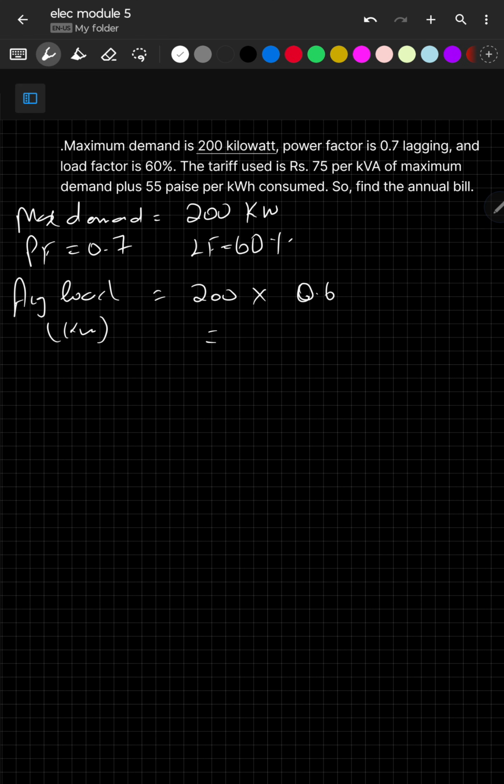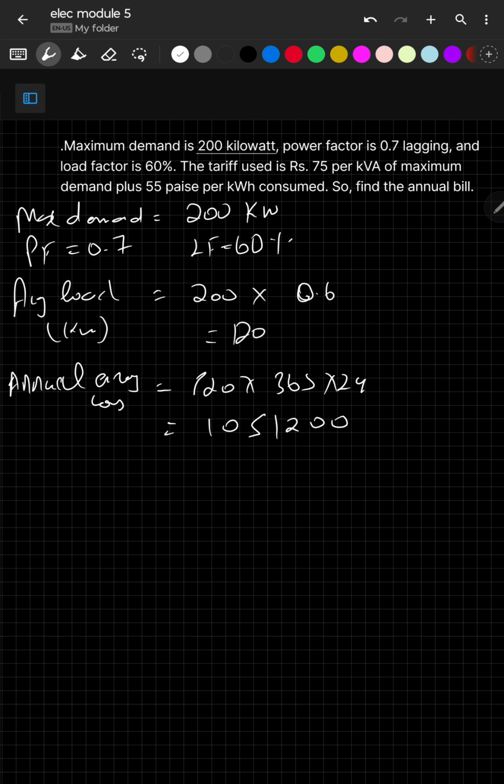I'll still cross check. 120. Then annual energy consumption, let's find average load into 365 into 24. 120 into 365 into 24 will give me 1051200. Okay. Now maximum kVA is given.